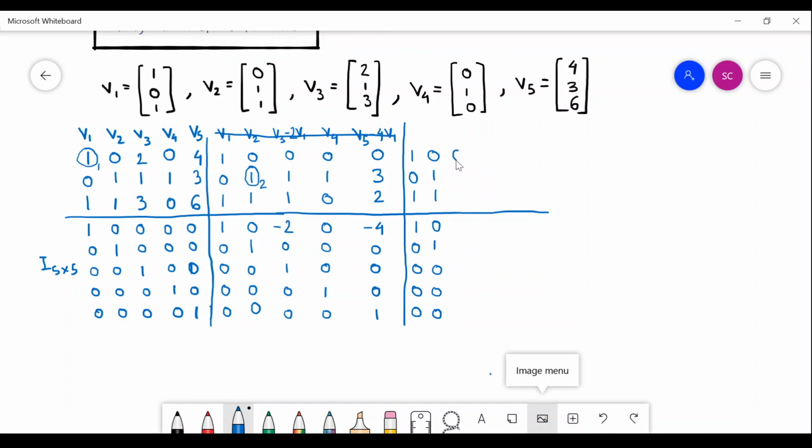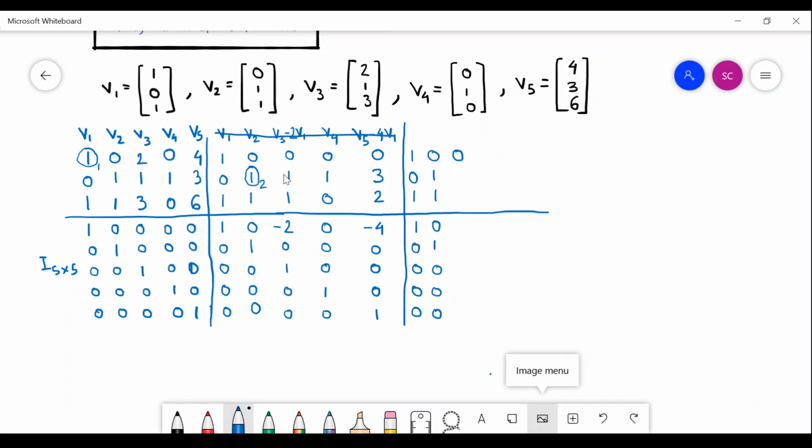Here we need to subtract, so this is basically a scaling of this vector minus v2. So what you are getting basically is v3 minus 2 v1 minus v2. So remember this, we are not writing this operation at the top anymore, because it would be reflected in the bottom vector. That's why we are not writing it at the top.